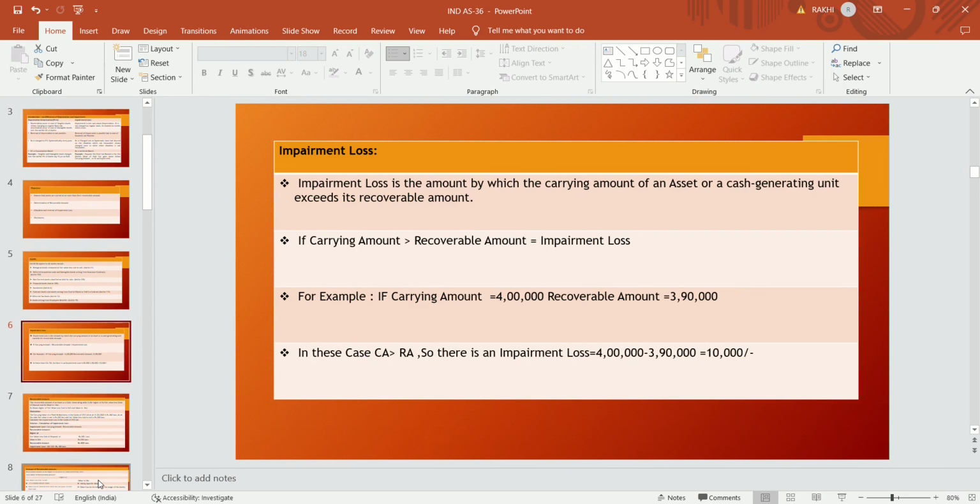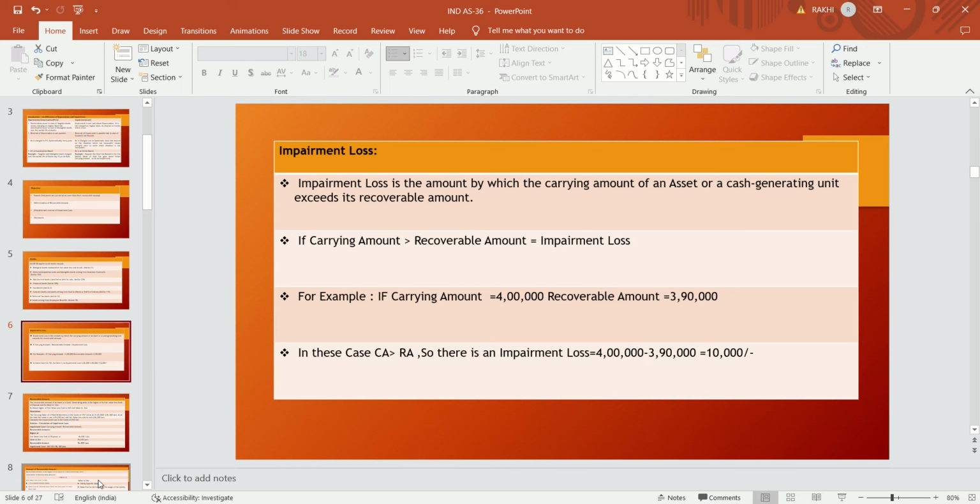Now the impairment loss. What do you mean by impairment loss? Impairment loss is the amount by which the carrying amount of the asset or cash generating unit, meaning a group of assets, exceeds its recoverable amount. Suppose the carrying amount of the asset is 100 crores and the recoverable amount is 80 crores.